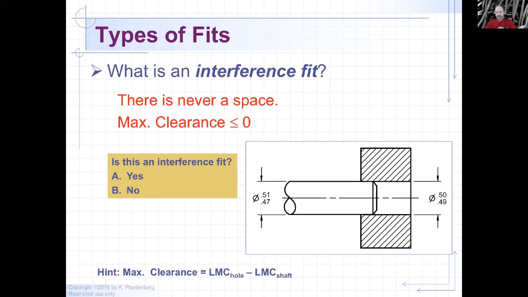You're always going to have a tough time putting that shaft into that hole. So there is never a space. The maximum clearance is always less than or equal to 0.